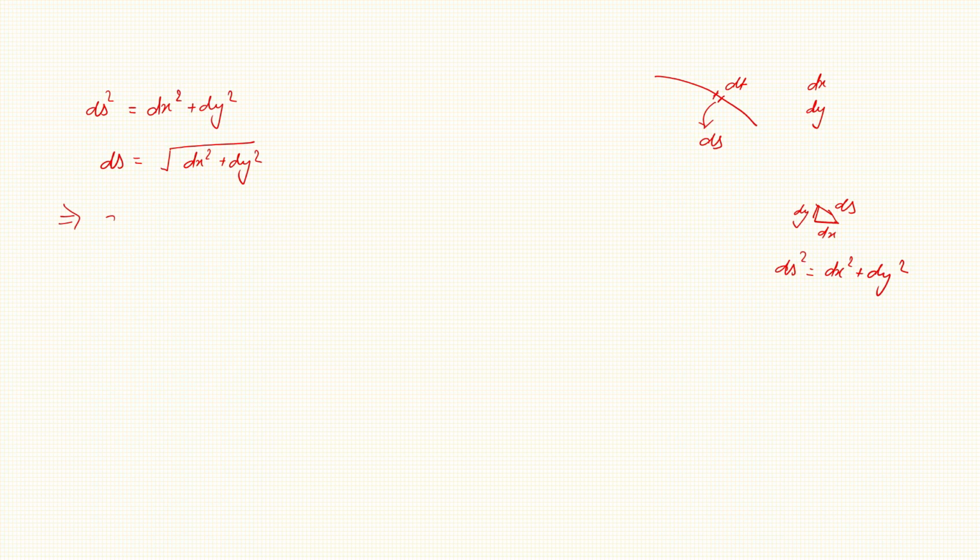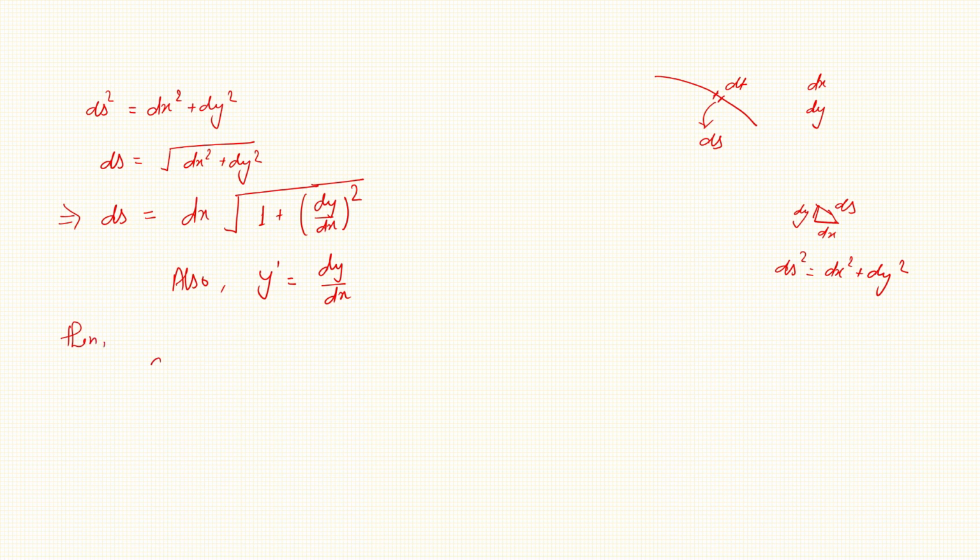This implies ds is equal to dx under root 1 plus (dy/dx) to the power 2. Also we know that y′ can be written as dy/dx. Then we can write ds is equal to dx under root 1 plus y′ square.